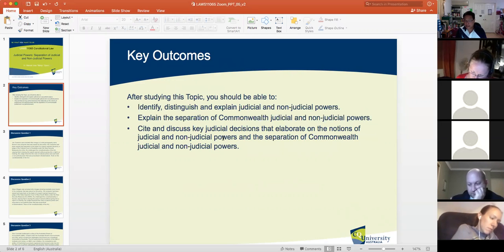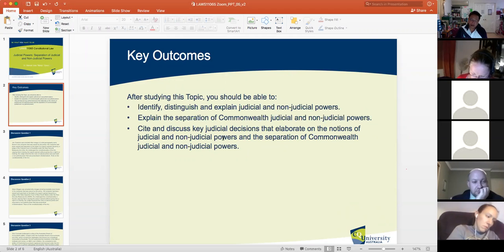Now, if that is the case, then we begin to ask, assuming that that power has been vested on a tribunal that has been constituted as a Chapter 3 court, in accordance with Chapter 3 of the Australian Commonwealth Constitution, then that would go against the proscription in the Boilermakers case.